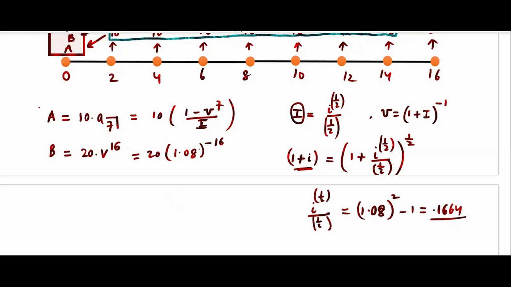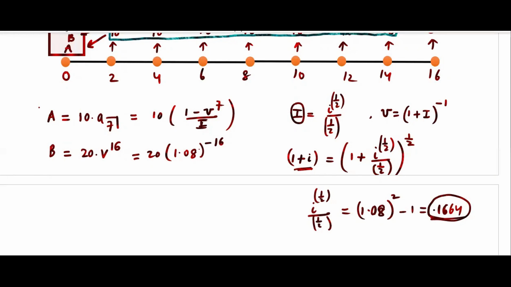Please wait, let me clarify some of that here. I have 8%, which is the annual rate, and we want to find the 2-yearly rate. So 1 plus i equals 1 plus, I understand that equation.